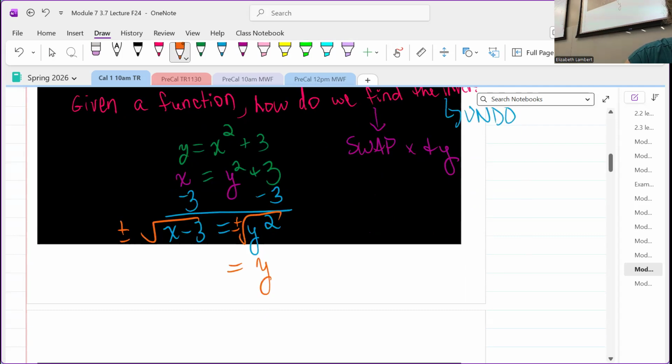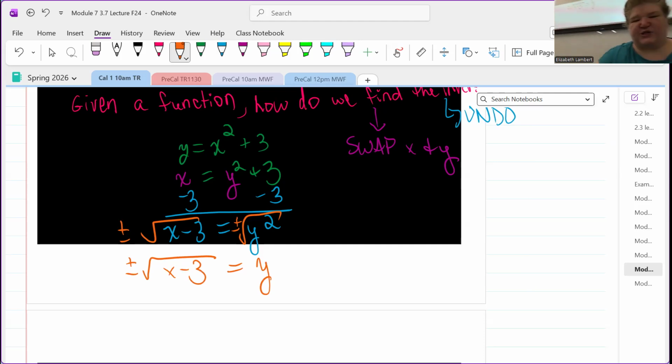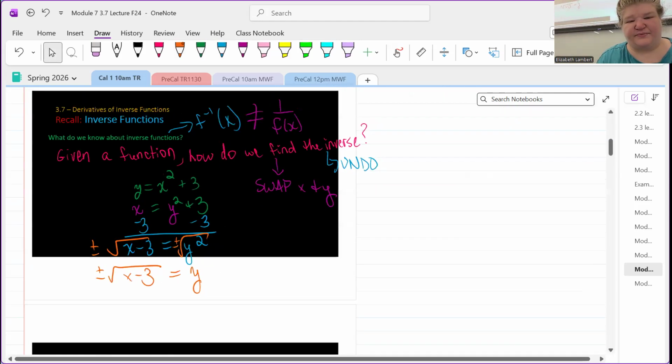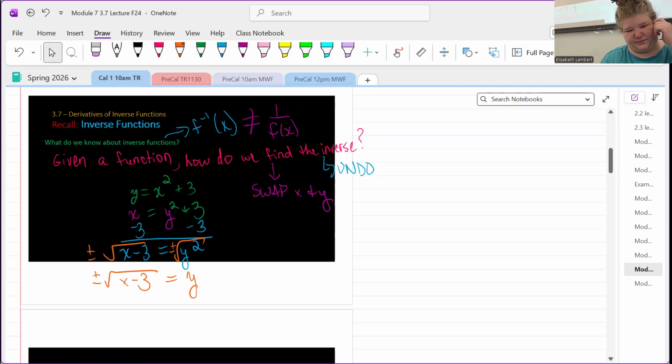My inverse equation, because this isn't technically a function now, because of the plus or minus, ends up with a square root, like I thought, and a minus 3, but the minus 3 is inside the square root. So this inverse function subtracts 3 and then square roots that result.